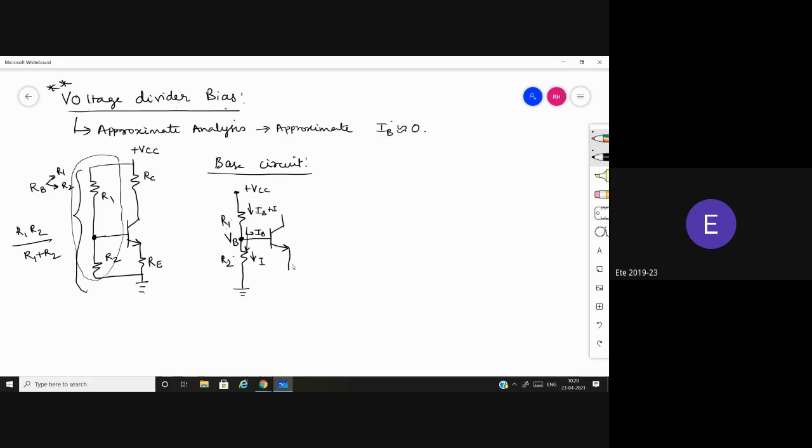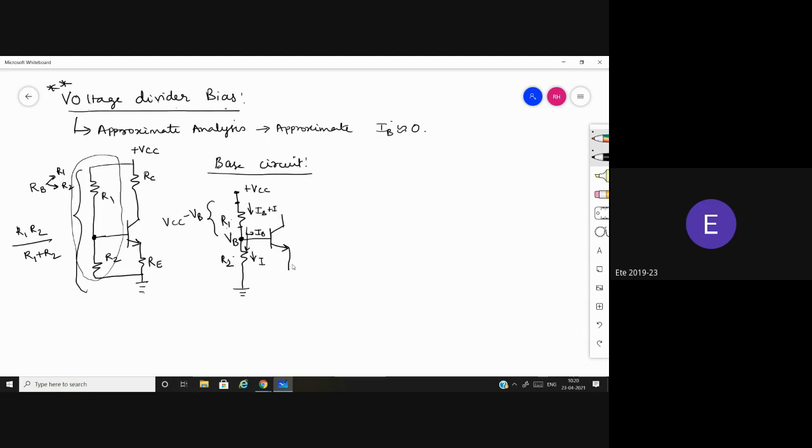Okay, why not R1? It will depend on VCC minus VB. Yes, the voltage across R1 will be VCC minus VB, because we take the potential difference between the two ends.